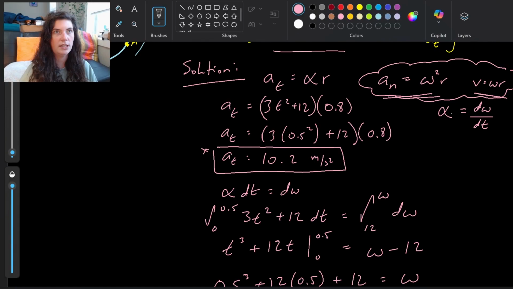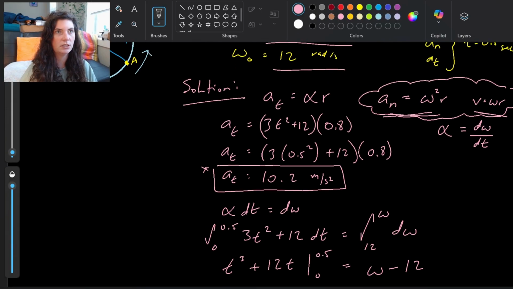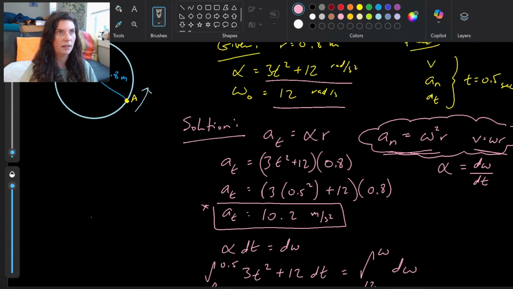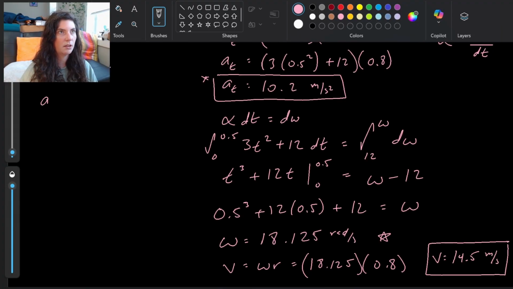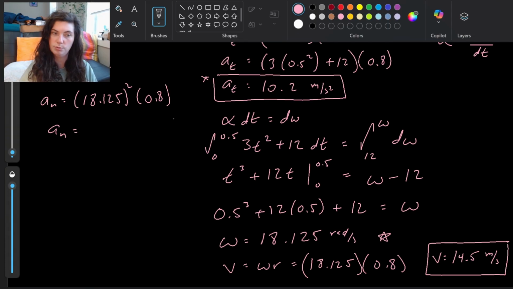And then the last one I need, that normal acceleration. That normal acceleration an equals omega squared times r. Omega squared, 18.125 squared times the radius of 0.8 gives us a normal acceleration of, it's a huge number, 262.8 meters per second squared.